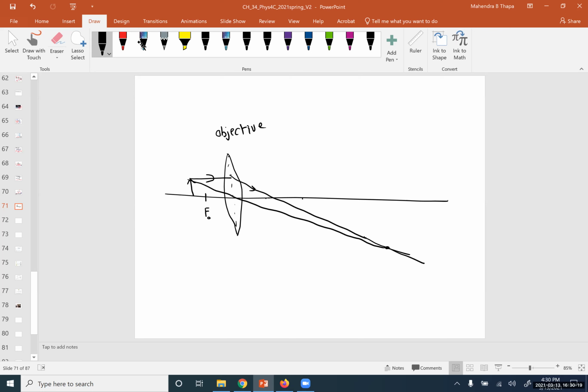So this is the image, this is the image position for the objective lens.